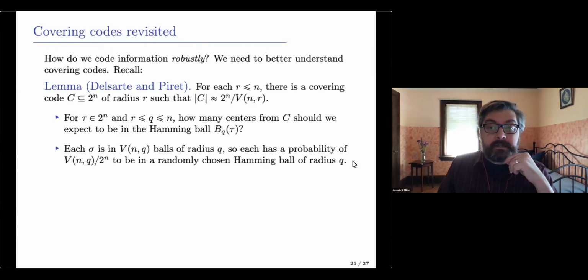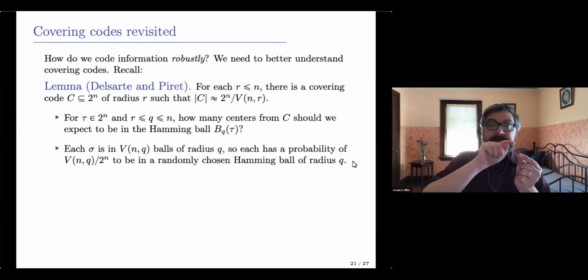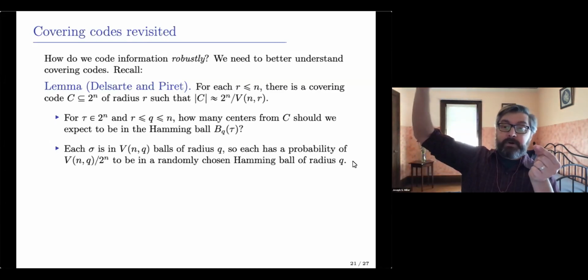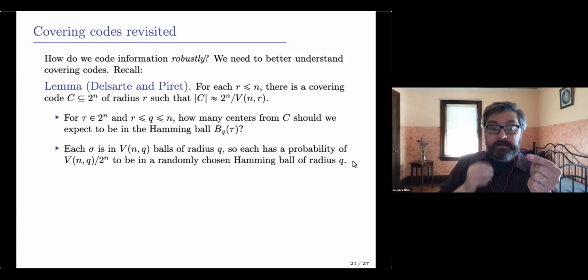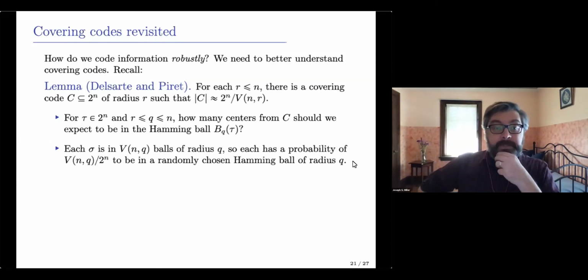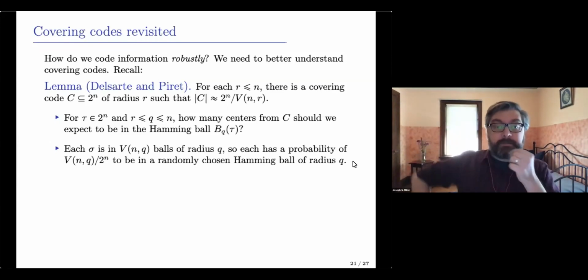Well, we can just do a little probabilistic argument. Each sigma is in V(n,q) balls of radius q. Why is that? Well, if sigma is in the q radius ball around tau, then tau is in the q radius ball around sigma. So that's just counting all the possible taus whose balls capture sigma.